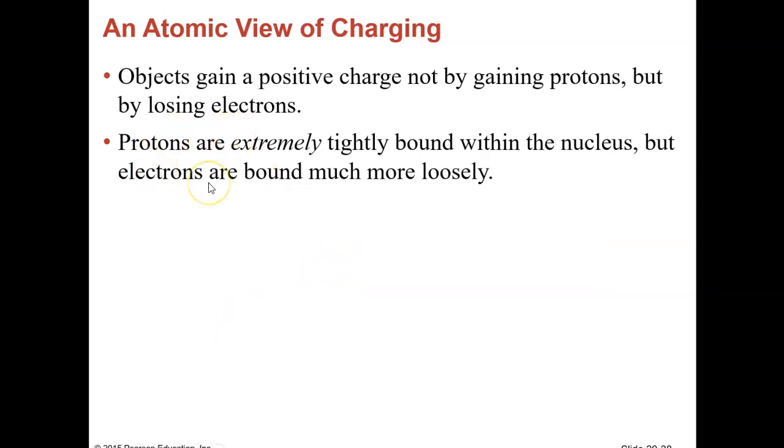So objects become positively charged because they lose electrons from the electron cloud. Electrons are more easily moved than protons, so they are essentially the currency for electric charge. So if something becomes positively charged, it has given up electrons to something else that has now become negatively charged.